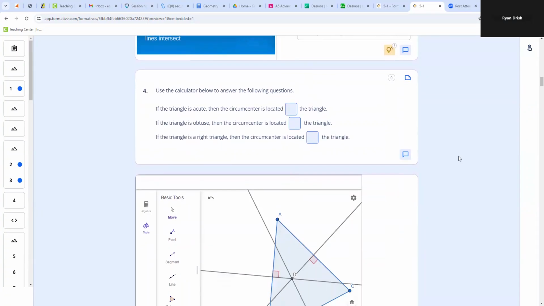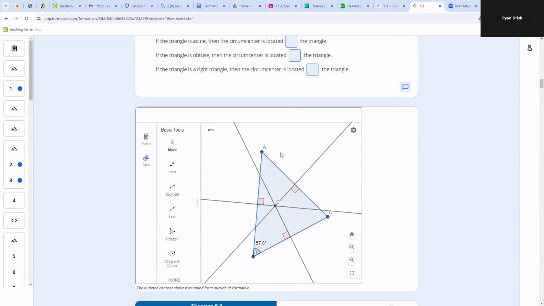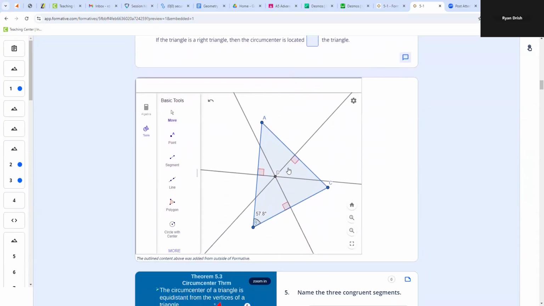Now, I have gone through and made a circumcenter already graphed. This is a website called GeoGebra, and I have put it in your notes. And we're going to mess around with this to answer the following questions. Before I read them, just to let you know what's going on, we have a triangle that I constructed, and I constructed the perpendicular bisectors of this triangle. So we have one right here. We can see the right angle mark, one here, and one here.